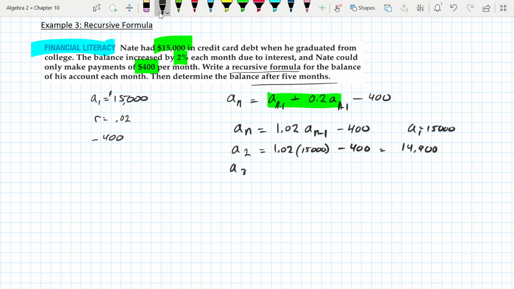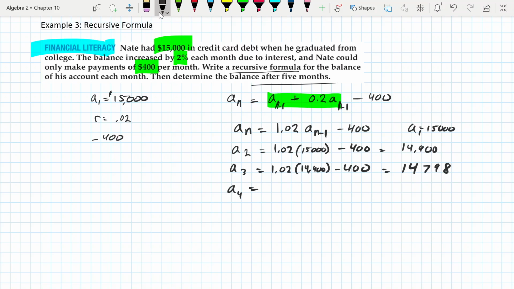So my third is going to be 1.02 times 14,900 minus 400. And that is going to be 14,798. It's kind of nice how they're coming out to be nice round numbers so far. Usually that doesn't happen.